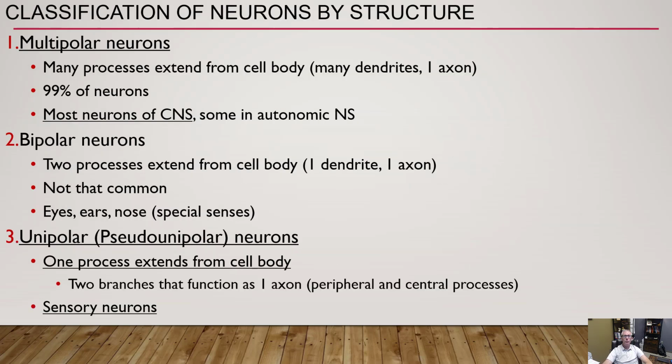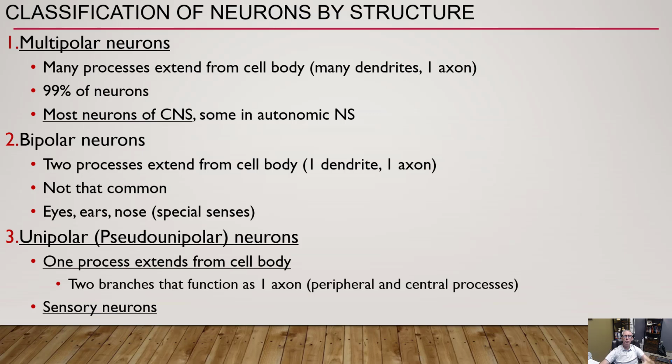All right, so looking at neurons, we actually see that we have three different kinds of structures of neurons. Multipolar, and really, when we look at these neurons, we classify them basically by how many processes are coming off of the cell body.